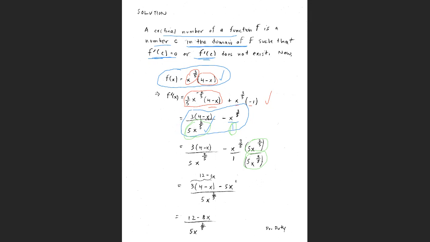Then that's going to get me the common denominator, 5 times x to the 2/5. And then I can combine the numerators as you see I've done here.